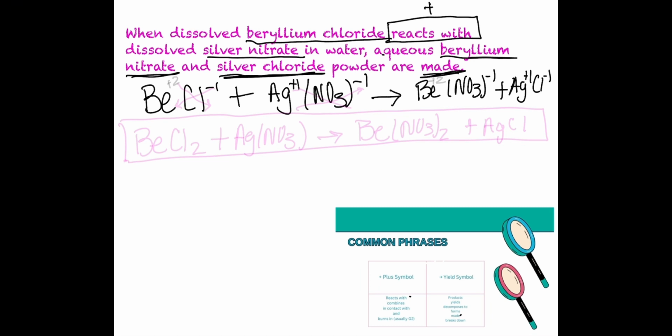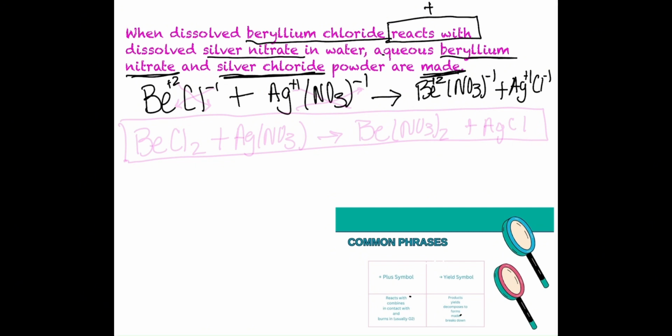Now, one of the things that I need to do right now, I have to go and get my oxidation number for Be. Okay. My oxidation number for beryllium is +2. Okay. So it's +2.